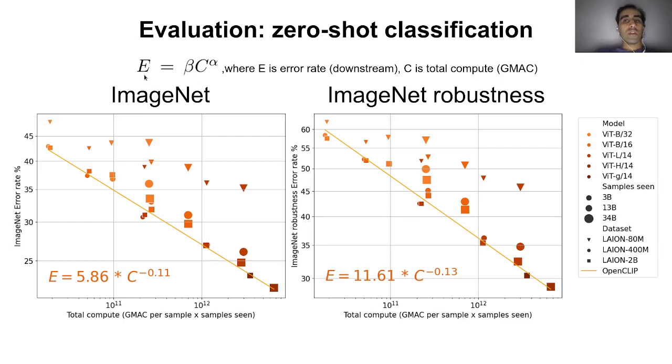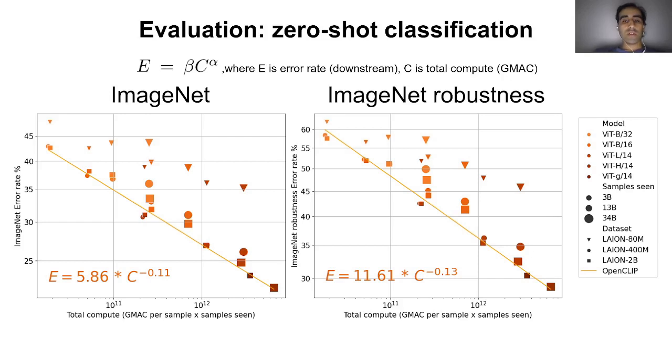This power law relationship translates into a straight line fit in log-log space, which we show here for two example tasks. In the left figure we show improvement with scale on ImageNet performance. In the right figure, we show improvement with scale on image robustness tasks, which are a set of 5 tasks that are usually used to evaluate the robustness of ImageNet models to image distribution shift.